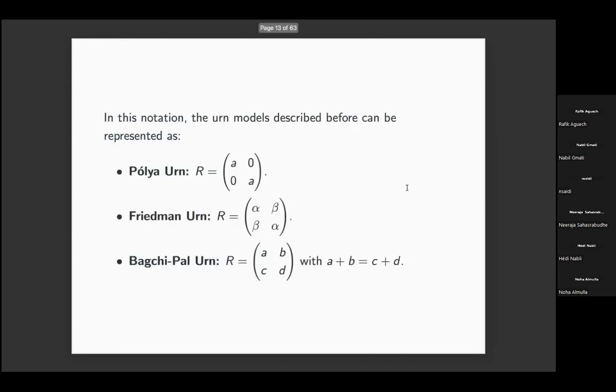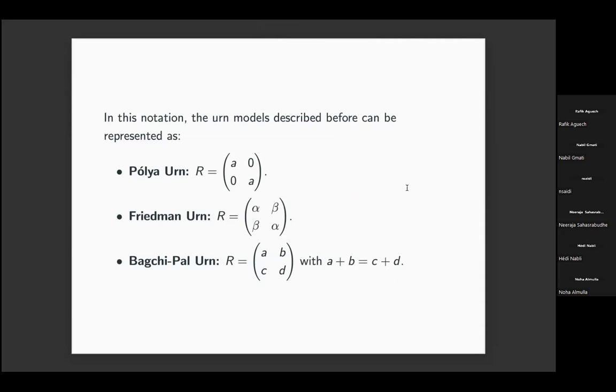So in this notation, now I can write my Polya urn as, all of these will become 2 cross 2 matrices because I'm talking about only 2 color urns. This R, which I call the reinforcement matrix, is also known as the replacement matrix in the literature. For the Polya urn, it becomes a multiple of the identity matrix, because if you are drawing white, you are adding A many white and 0 black.